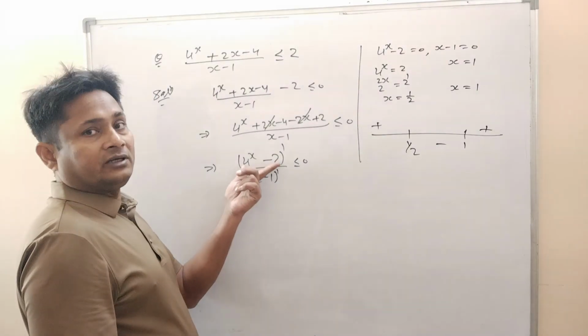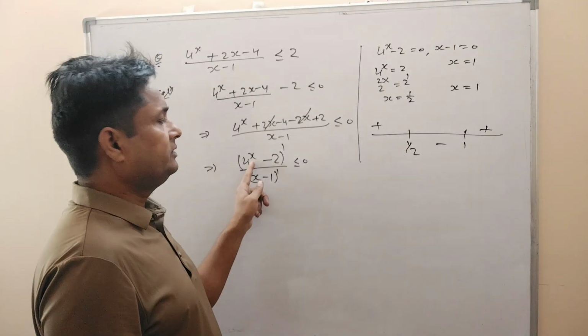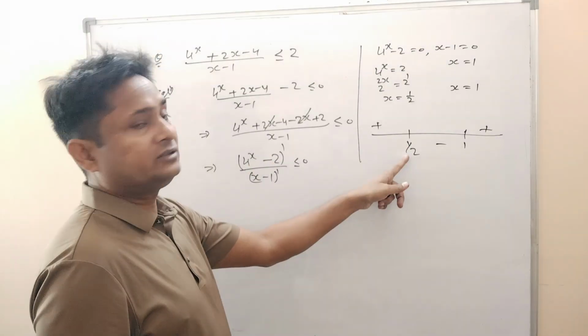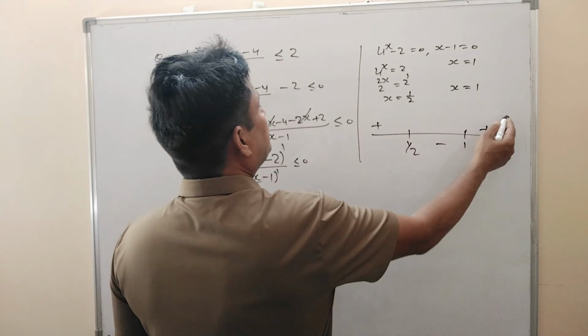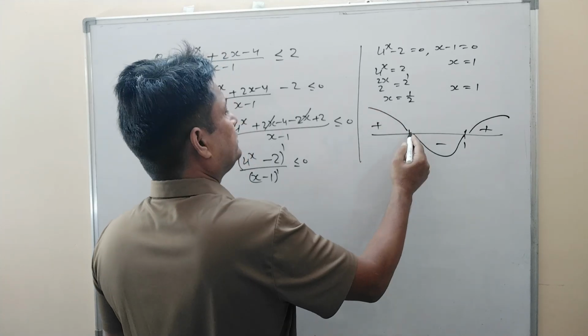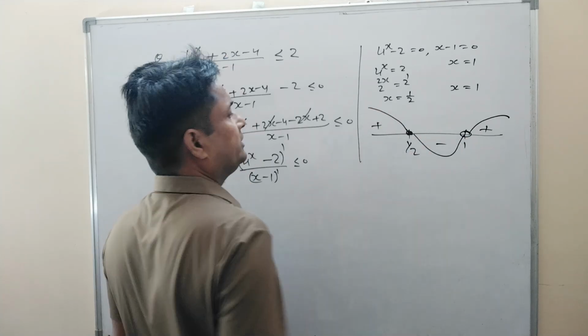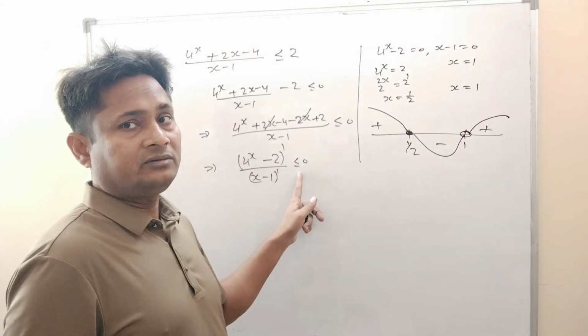So this will change sign. If x is greater than half, then this will be positive, and if x is less than half, then this will be negative. This root will be included, this will be excluded, and we have to solve for less than or equal to 0.